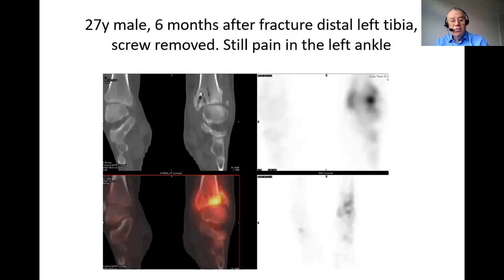But what they missed was that there was an avulsion fracture of the lateral malleolus, and this was still metabolically active with a distressed ankle joint. You can see there's uptake around the lower tibia and the talus. So what they had failed to do was to fix the lateral component, and this had resulted in continuous mechanical stress.